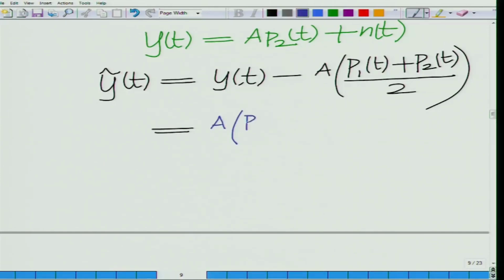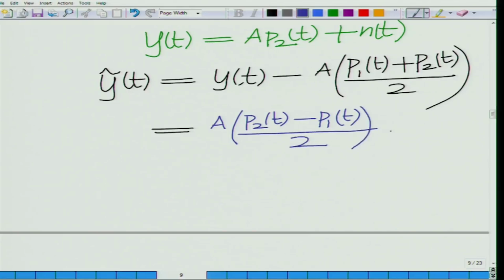This is equal to a times p 2 t minus p 1 t divided by 2 plus n t.